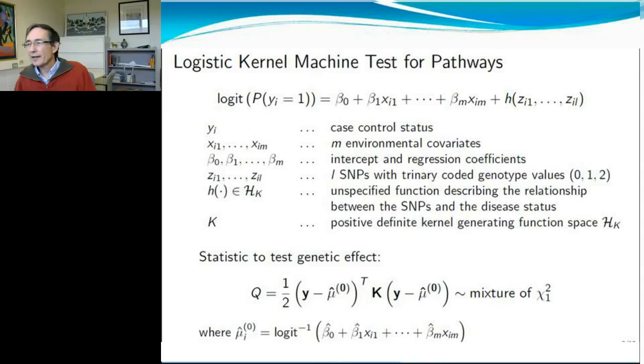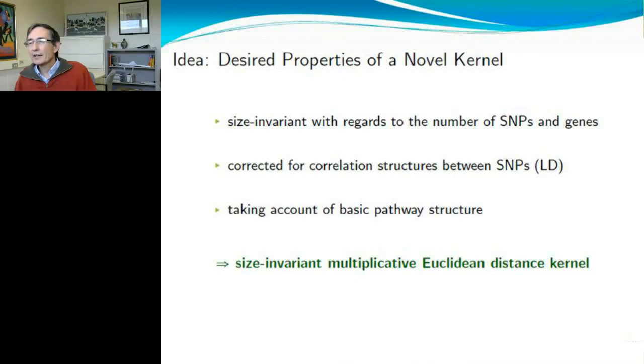So this method could be applied. The things that we need in a kernel-based test, or any pathway-based test with SNPs, are size invariance, correction for the correlation structures among the SNPs, and finally incorporation of the pathway structure. To do this, Saskia Freytag and Heike Wickeball developed size invariant multiplicative Euclidean distance kernels.